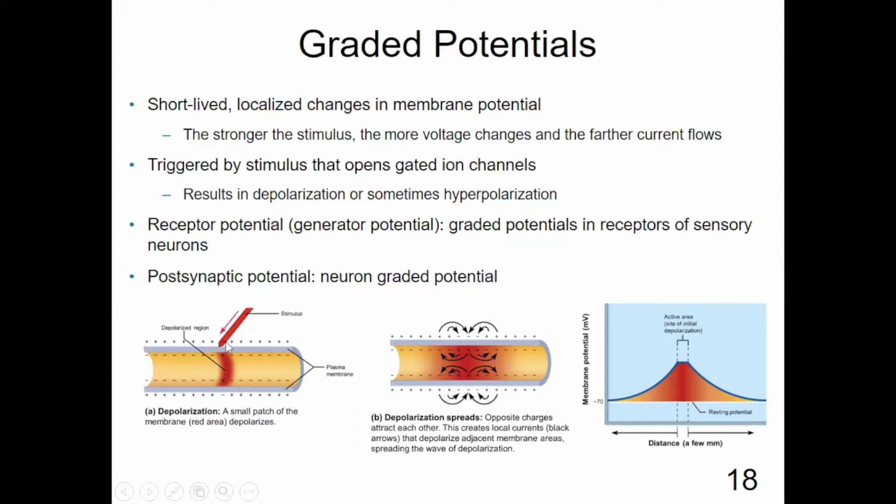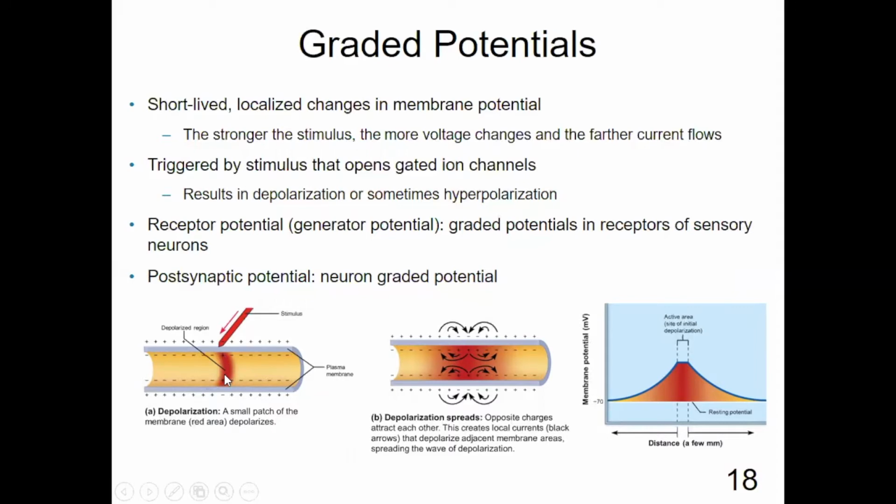Here in red is an electrode that is delivering a stimulus. That stimulus causes this area of this cell to depolarize. So right here in this area, the cell shaded red, instead of being -70 like the rest of the cell, it is depolarized.